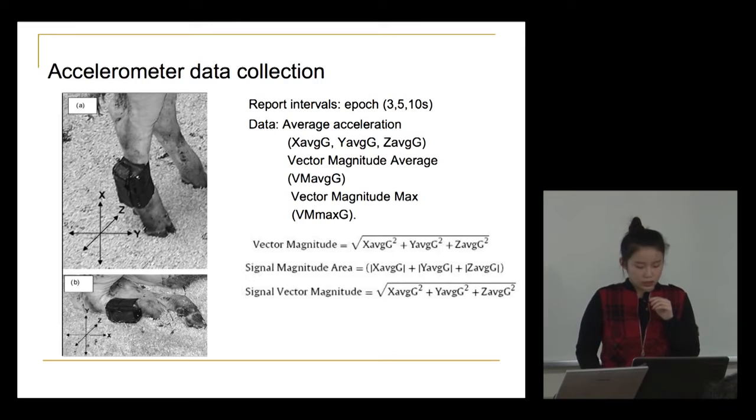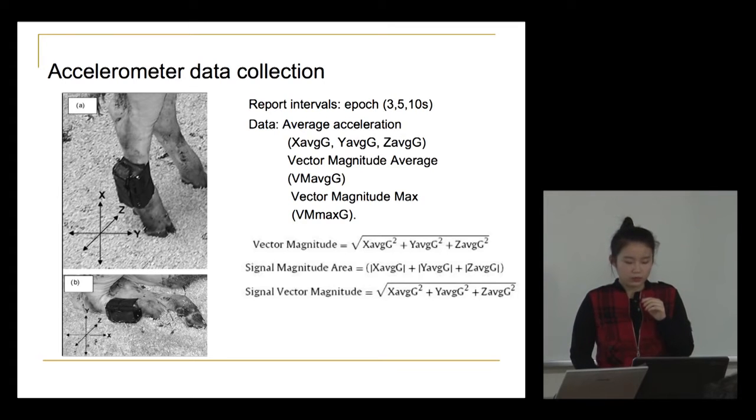The data was summarized based on a user-designated reporting interval called an epoch. In this trial, the epoch lengths were 3, 5, and 10 seconds.